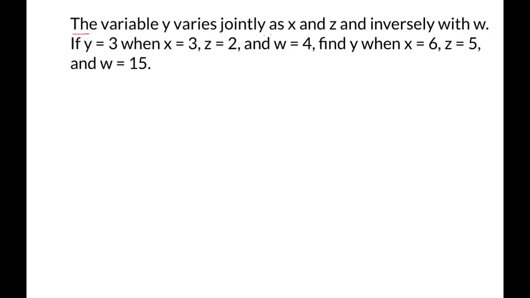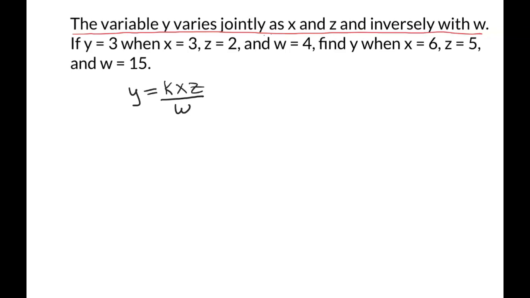We need to translate this first sentence. Y varies jointly as x and z and inversely with w. So w goes on the bottom.